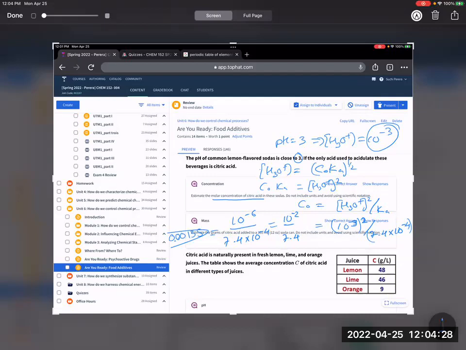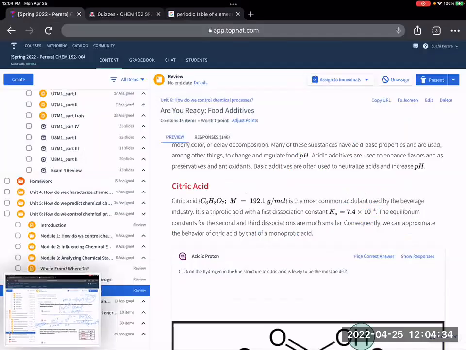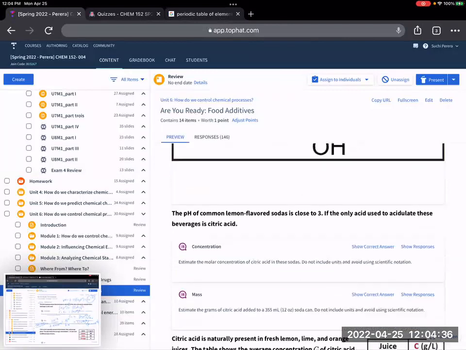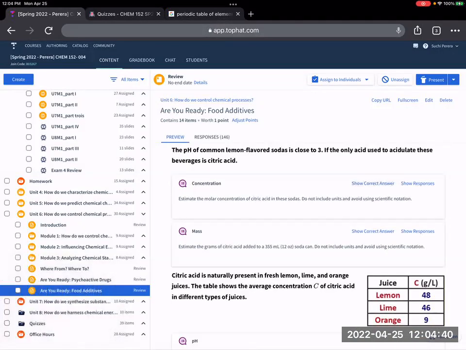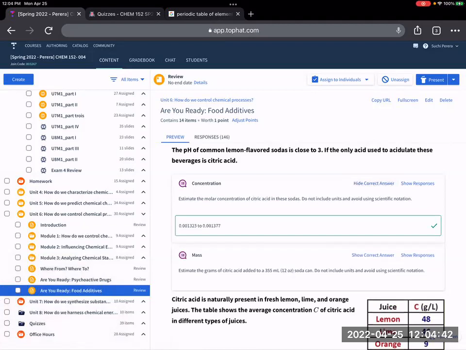Okay, now let's go back and enter that answer. So, 0.00135. The correct answer is in between whatever the value Top Hat has here now.